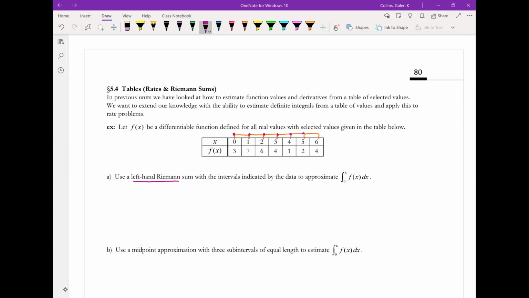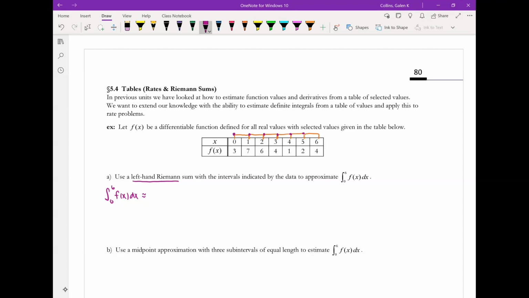Okay, so when we do the left-hand Riemann sum, we know it's an approximation, so I'll use my approximately equal to symbols. Remember that we've got to show in our work a product and a sum.